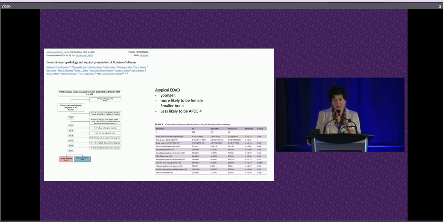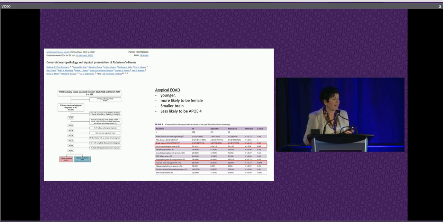So when we compare the typical and the atypical, especially excluding people who were late onset Alzheimer's disease, so we didn't really have the issue of age, we noticed that the atypical cases were younger, they were more likely to be female, they had smaller brains, they were less likely to have APOE4, but most important for this specific conversation, they have fewer co-pathologies than the typical cases.